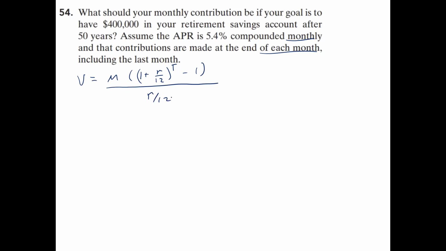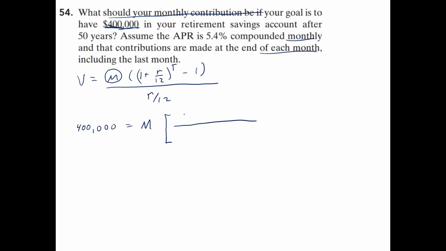What should your monthly contribution be? It means we're looking for M. We don't know what that is, right? And so then we know the final value. This is our final value, so we can substitute that in. $400,000 is what we want to have in the account. We don't know what M is. We do know everything else.